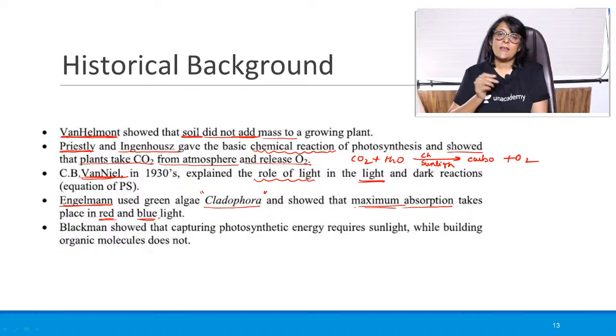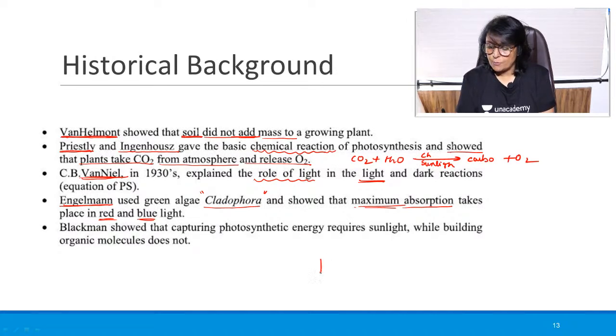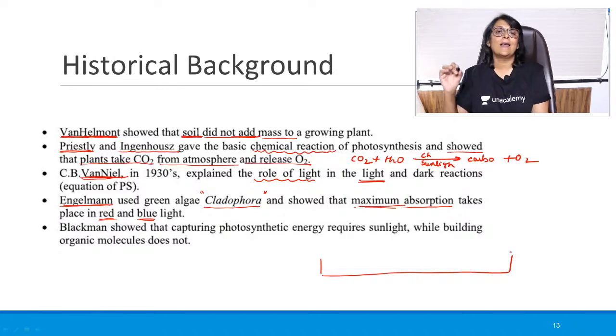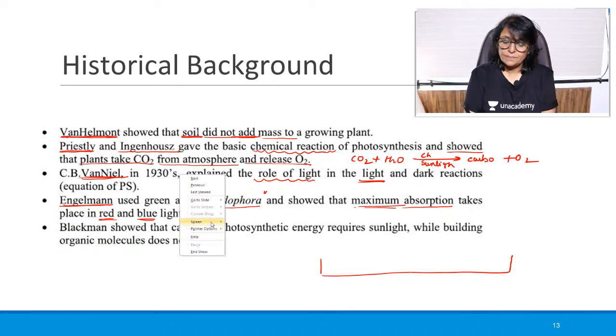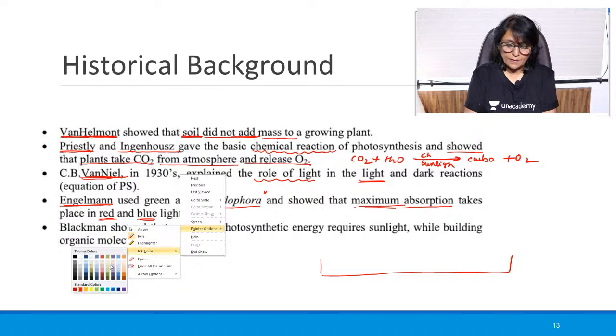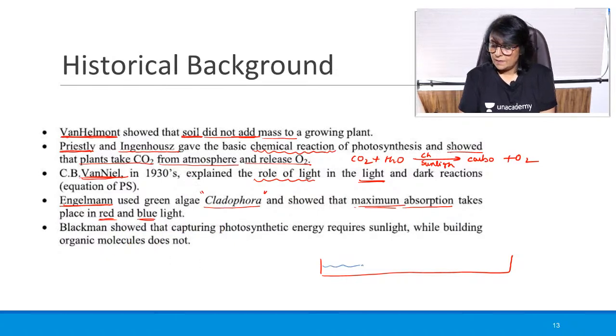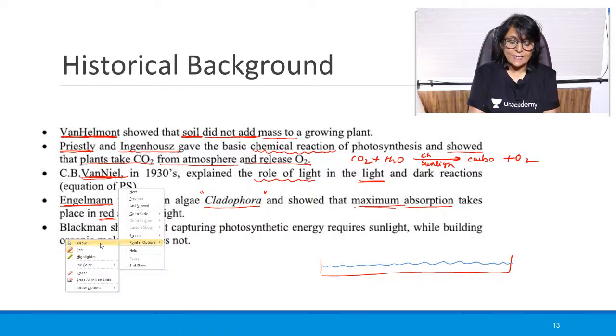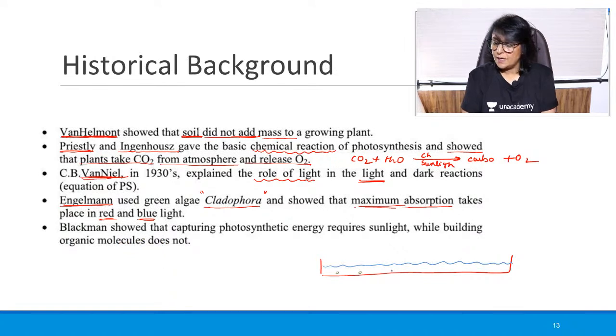Now there was a very simple experiment which was done by Engelmann, and the setup was something like this. There was a long glass tub taken. This tub was filled with water. And in this, the green alga, that is Cladophora, was placed. So initially the green alga was everywhere.